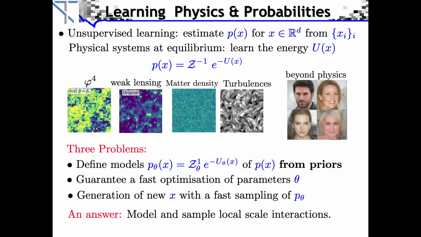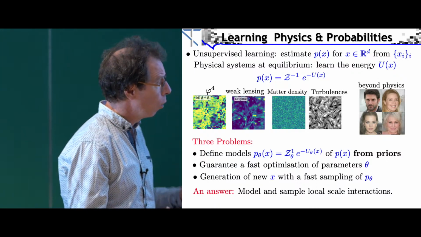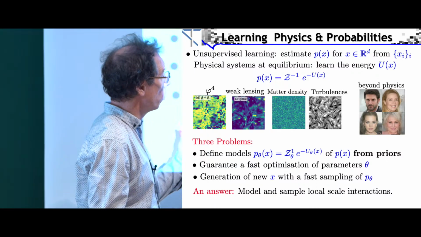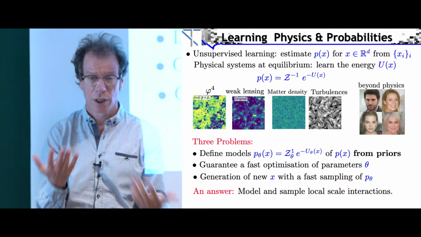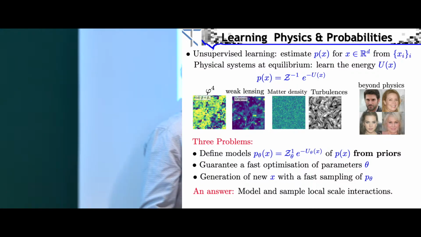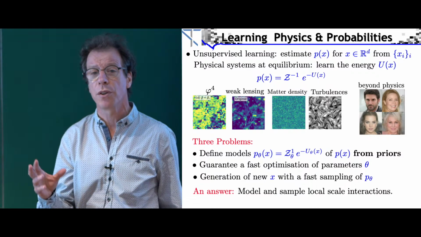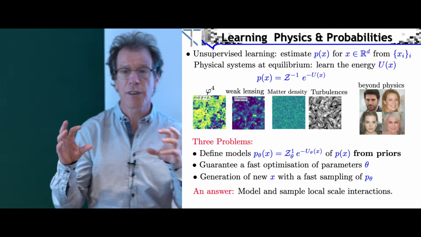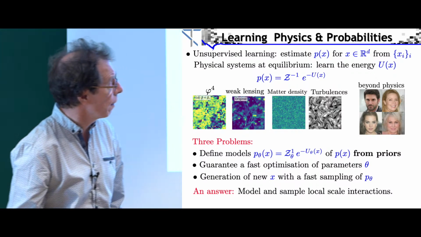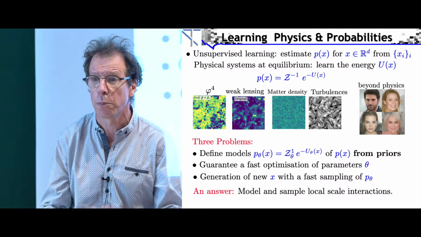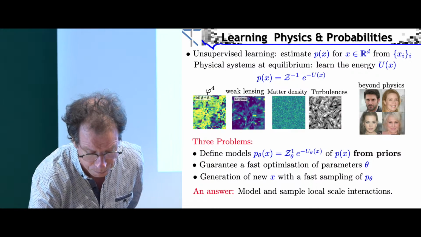And what I'd like to try to show is, for the kind of problems I'm showing here, one key element to answer these problems is to understand how scales interact, and to model and then understand these scale interactions that we'll see can be local. And the fact that they are local means that you can circumvent the curse of dimensionality by reducing considerably the number of parameters involved in this distribution.